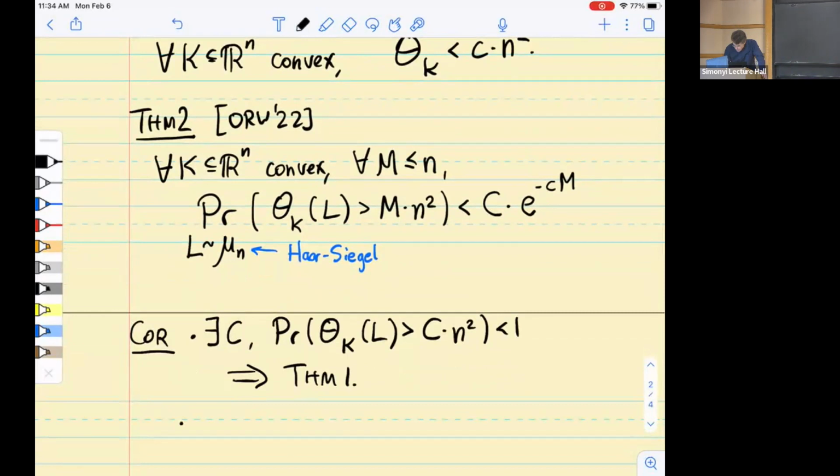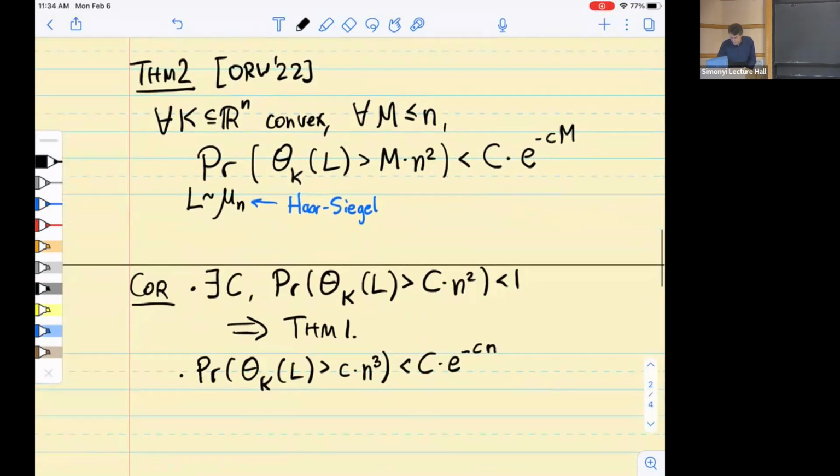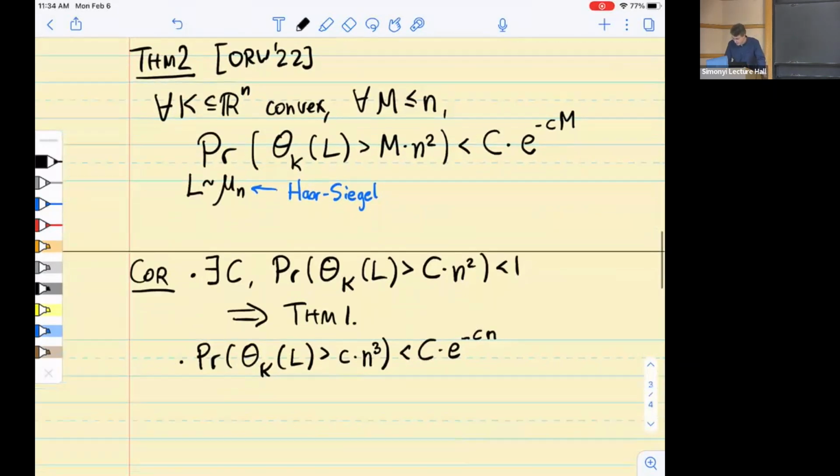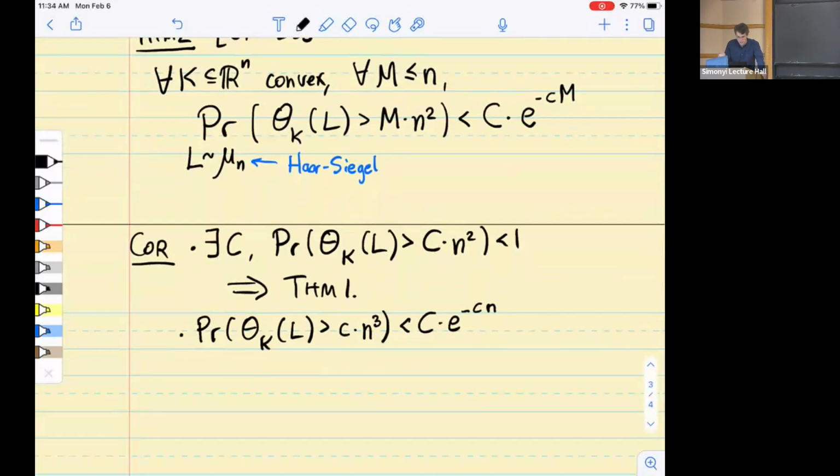So the probability of this beta_K of L being, say, just as an example, bigger than some constant times n cubed is less than something exponentially small in the dimension. So it's exceedingly unlikely that you get a random lattice that has covering density bigger than some constant times n cubed.